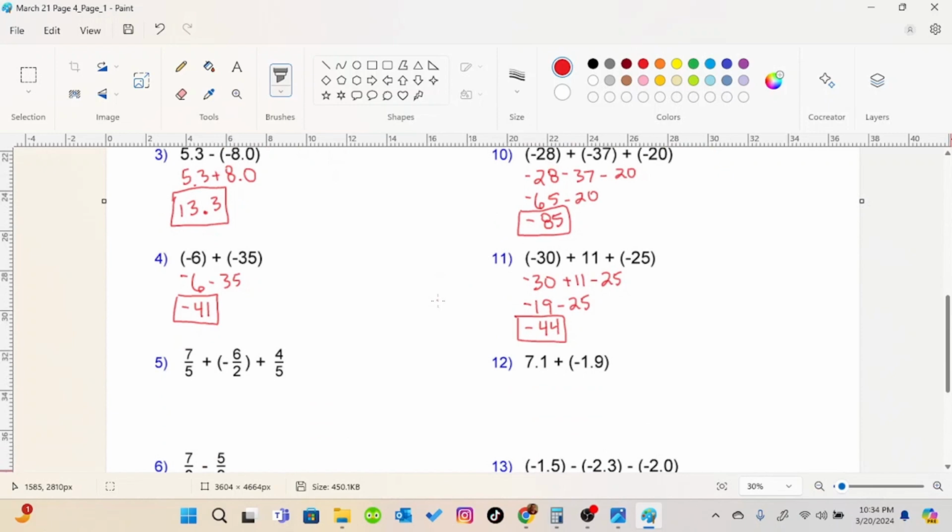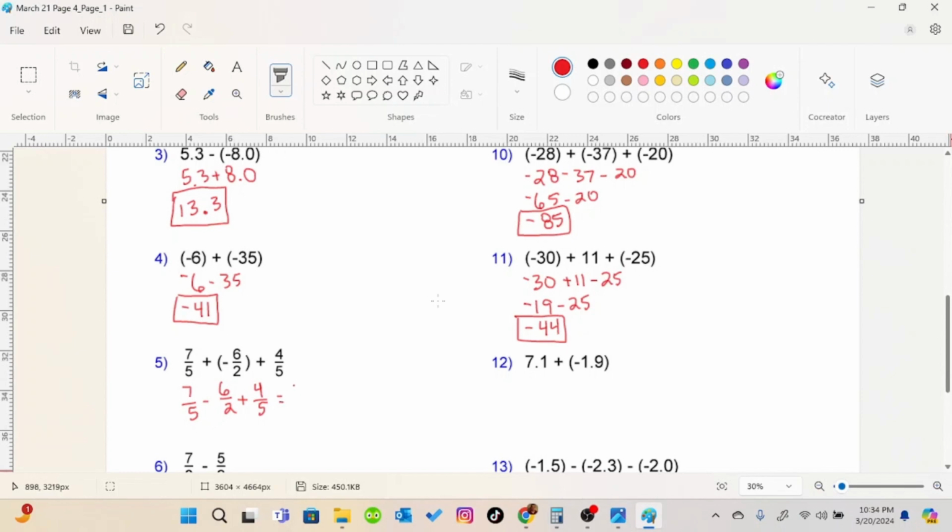Number 5. Adding a negative is subtraction. The least common denominator of 5 and 2 is 10.